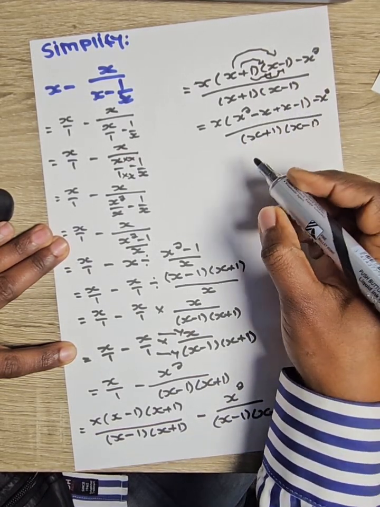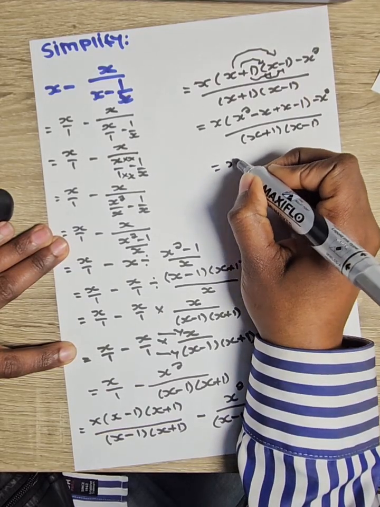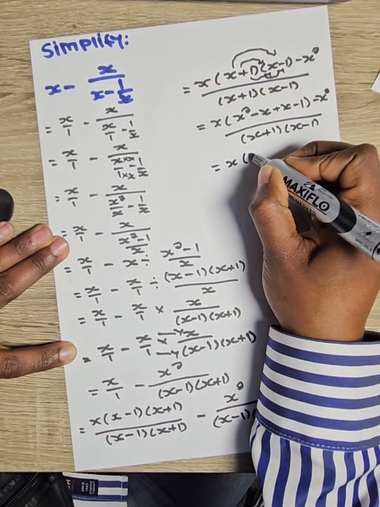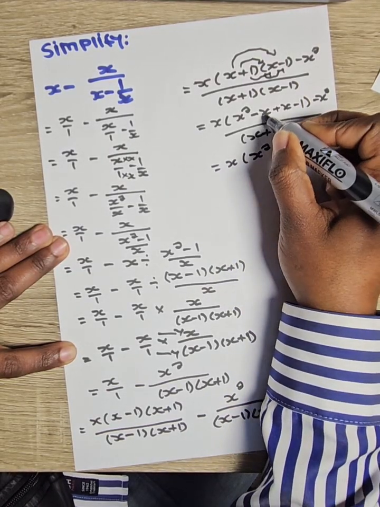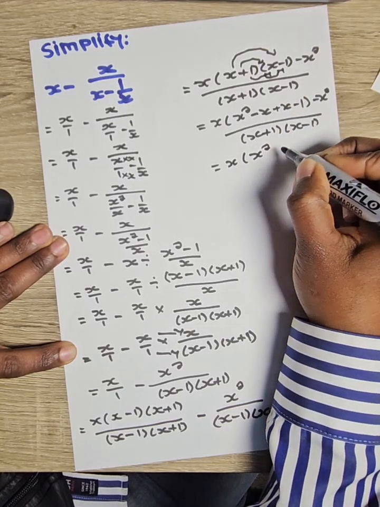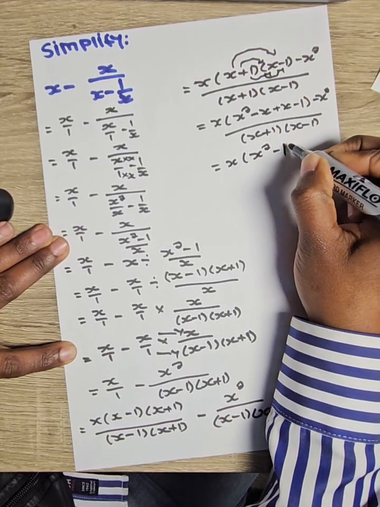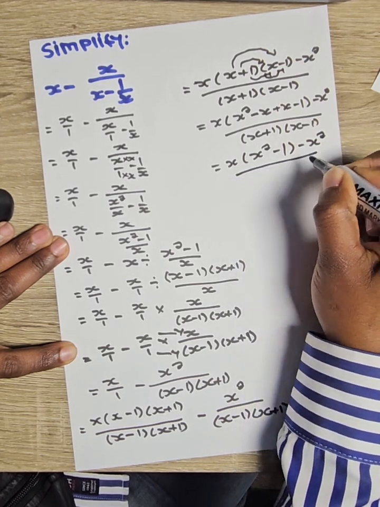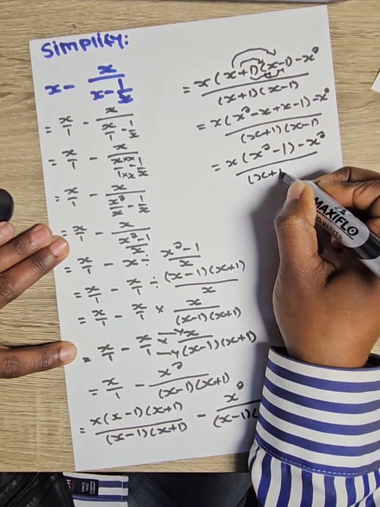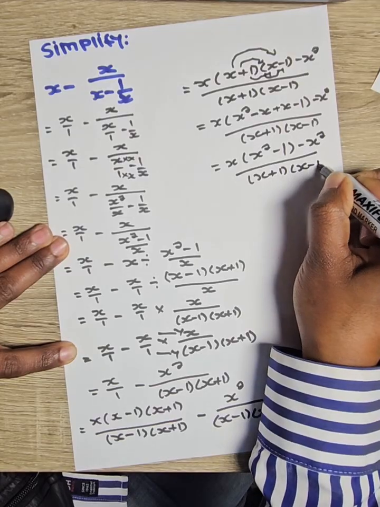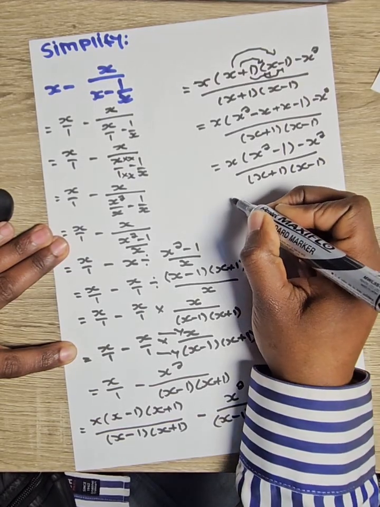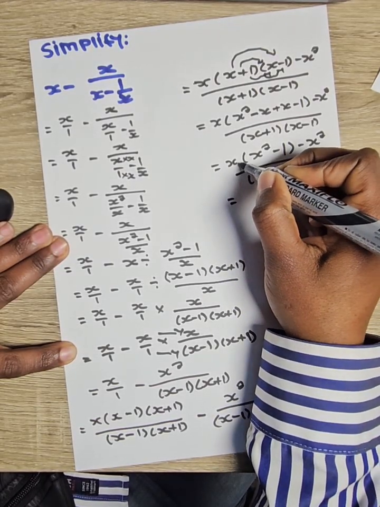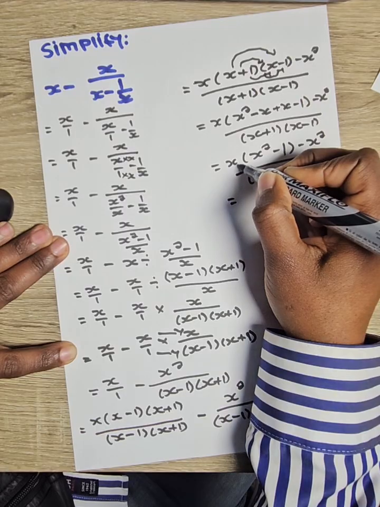Now I need to collect the like terms. I will still keep the x outside. x squared minus x plus x gives 0. And then I will have only minus 1, minus my old x squared over x plus 1 times x minus 1. Now get rid of the bracket by multiplying this.